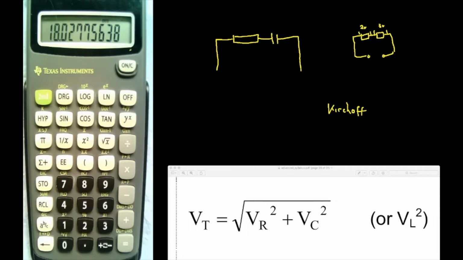In other words, because they're resistors, I can add them in a scalar way, so it would be 5 volts. However, if I have 2 volts across here, and if I have 3 volts across here, I can't add them up to be 5 volts.